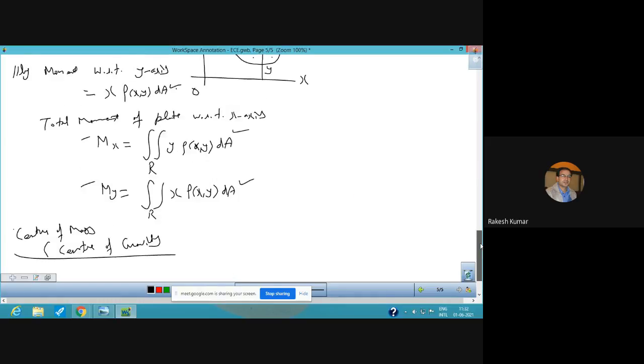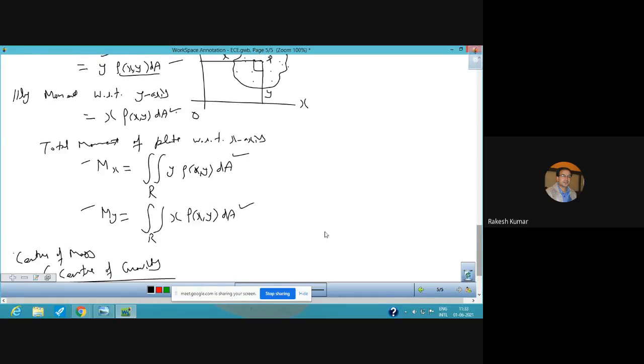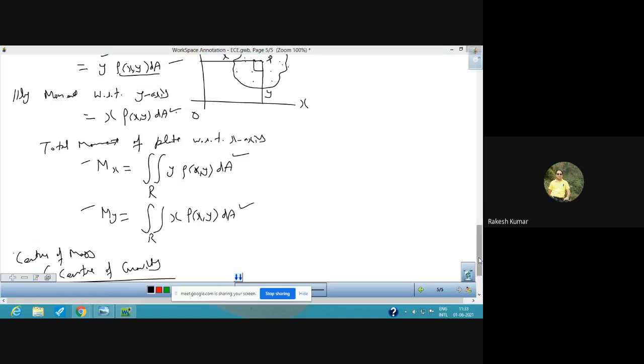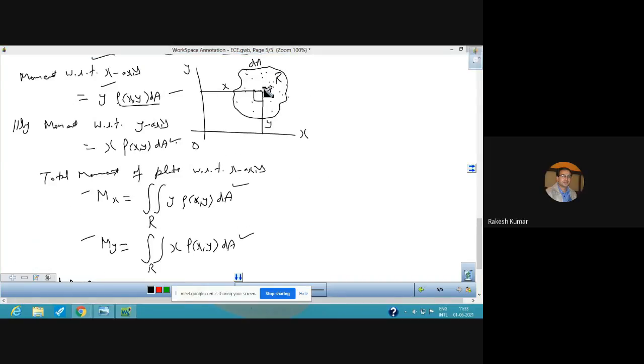So this is the center of gravity or center of mass. In this plate or the plane lamina, the center of mass is taken at this point, that is P. So we have to find out the coordinates of P. Let the coordinates of P be denoted by x bar, y bar. So this is your center of mass, also known as the center of gravity.